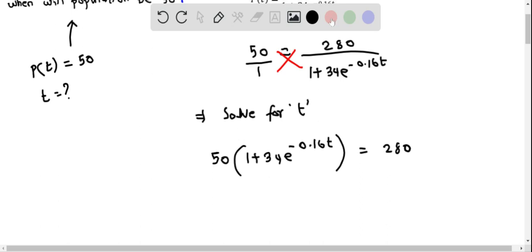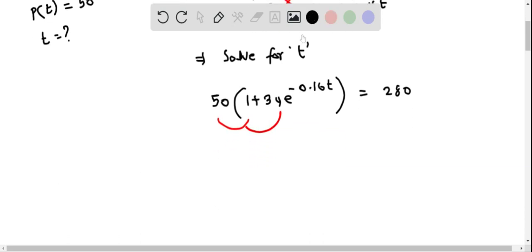So I'm going to distribute this 50 into the terms inside the brackets. 50 times 1 is 50, and 50 times 34 is equal to 1700. So it becomes 1700 e raised to the power of negative 0.16 t, and this is equal to 280.